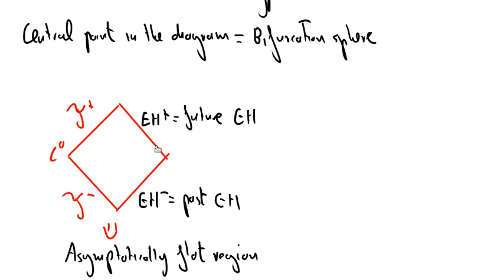But the generic definition of a black hole is an asymptotically flat region plus a future event horizon plus a past event horizon. The set in which the future event horizon and the past event horizon intersect is what is called the bifurcation sphere.